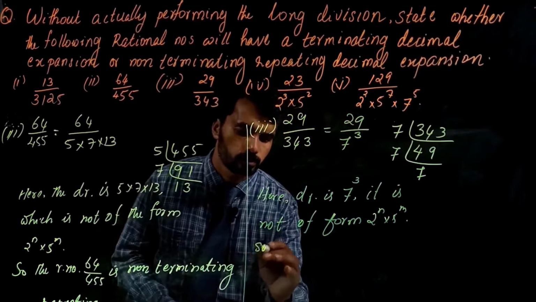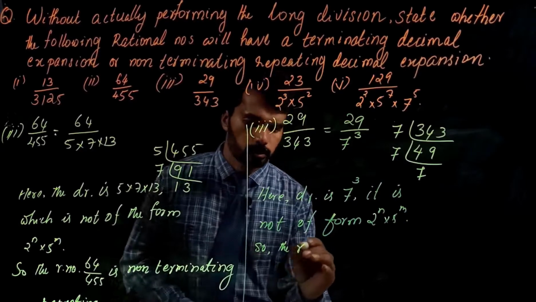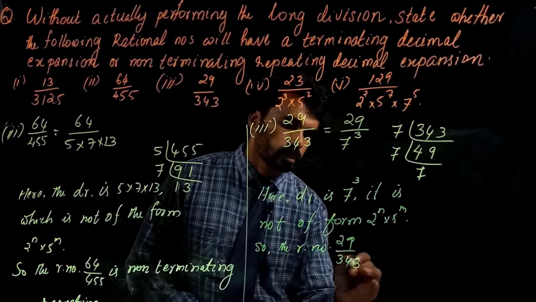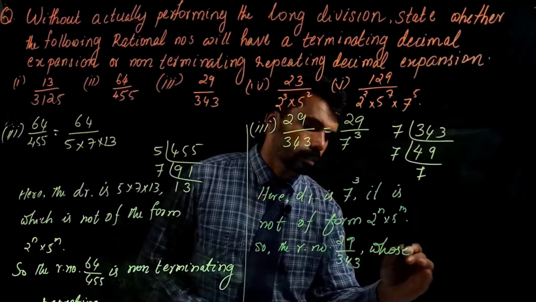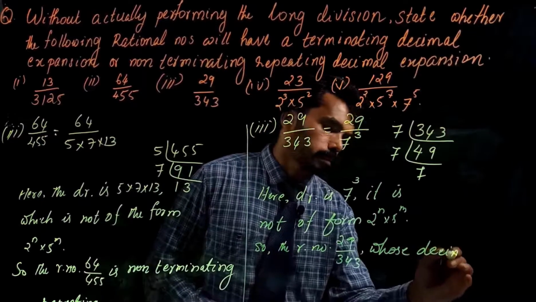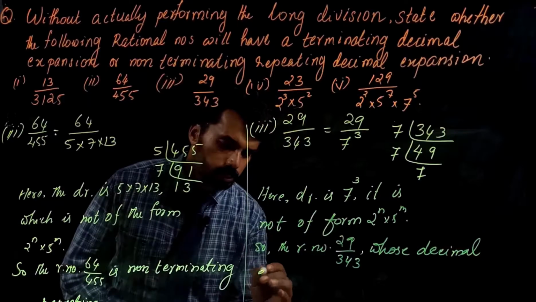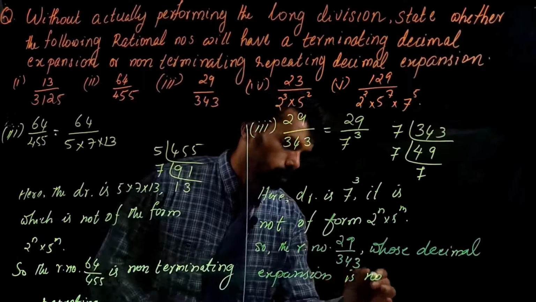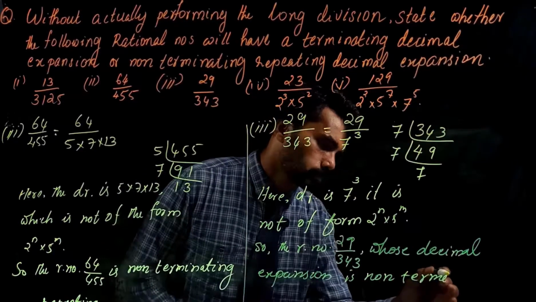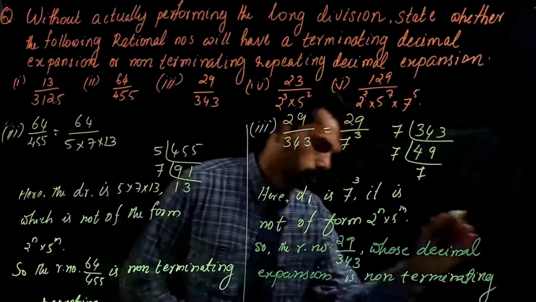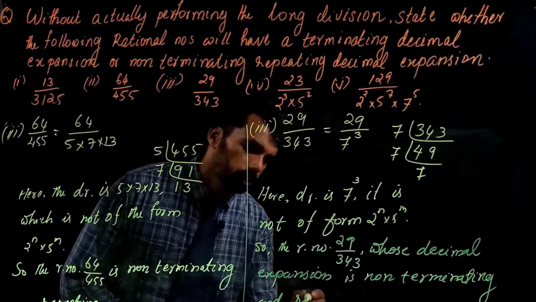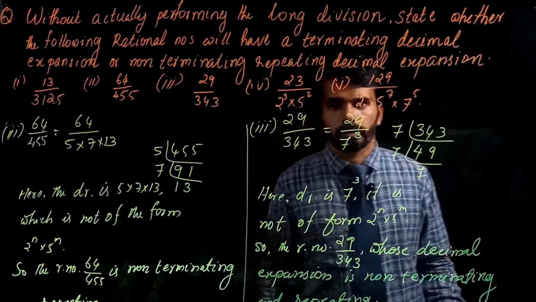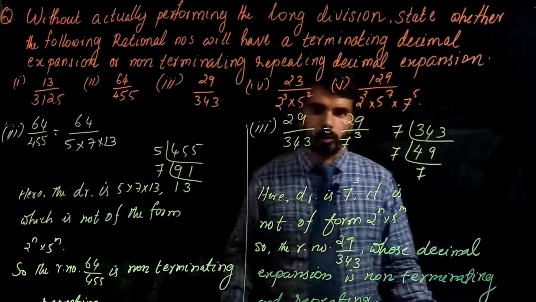So the rational number 29 divided by 343 has a decimal expansion which is non-terminating and repeating.